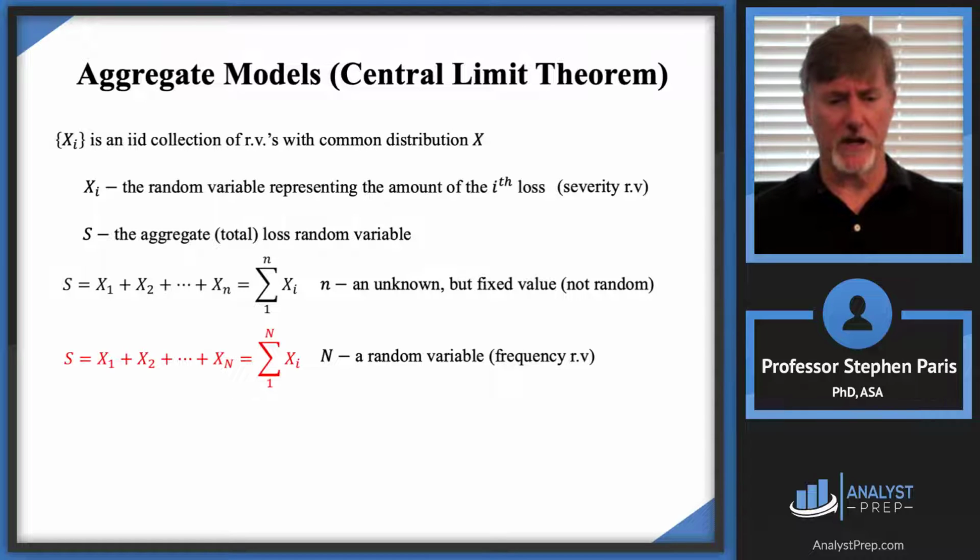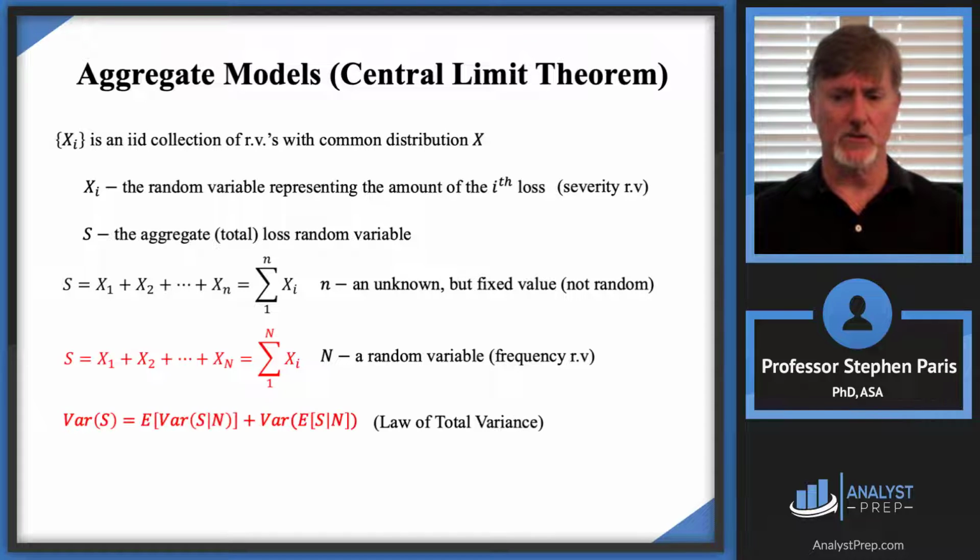If you're on exam P and you see anything with this particular sum, the question is probably going to ask you to calculate the variance of the sum, and the approach to take is to use the law of total variance, this beautiful formula in red there.